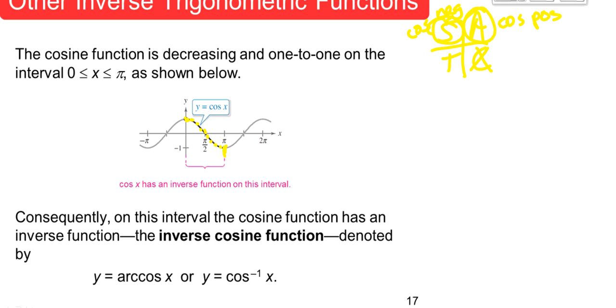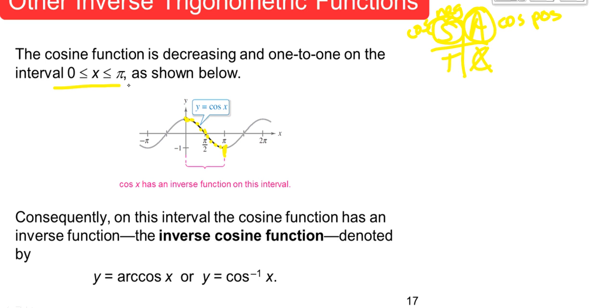So our domain that we're going to focus on for the inverse is from 0 to pi. This one's a little trickier because in sine, the reference angle and the angle were the same, but maybe positive or negative. And now we're going to have to get that little bigger angle sometimes, so between pi over 2 and pi.